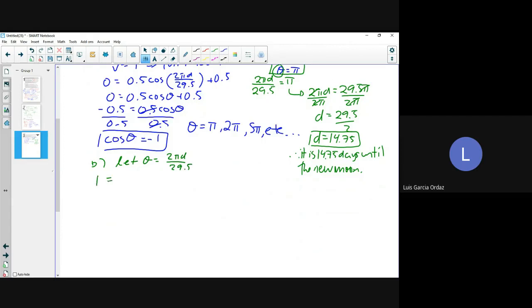So we get 1 is equal to 0.5 cos theta plus 0.5. And we're going to do the same thing as usual. Move the 0.5 over. So we get 1 minus 0.5 is equal to 0.5 cos theta. You get 0.5 is equal to 0.5 cos theta. Divide both sides by 0.5, and we get 1 is equal to cos of theta.